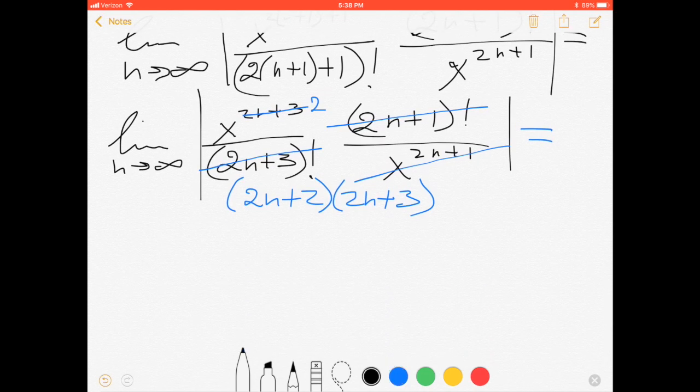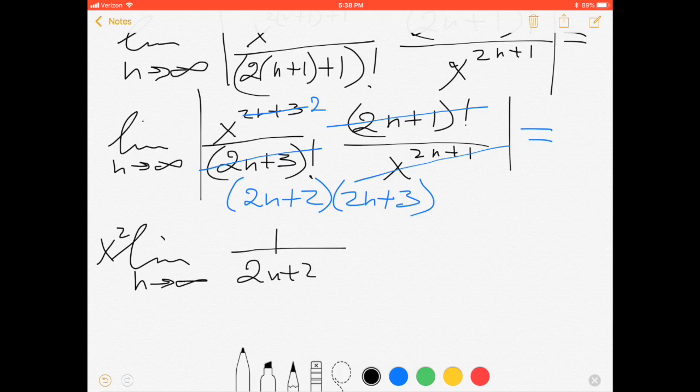Continue. We have the limit. This is x squared, we can take x squared out. I don't write the absolute value because x squared is always positive. As n approaches infinity, 1 over (2n plus 2) times (2n plus 3). This limit is equal to 0. 0 times x squared is 0.